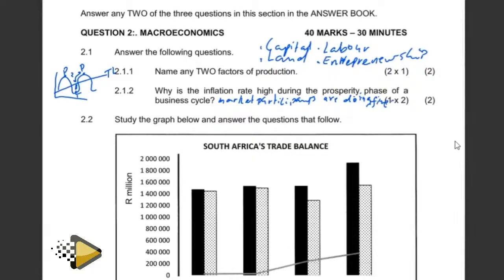So households as one of the market participants, and also firms, as well as the government, are making a good initiative.